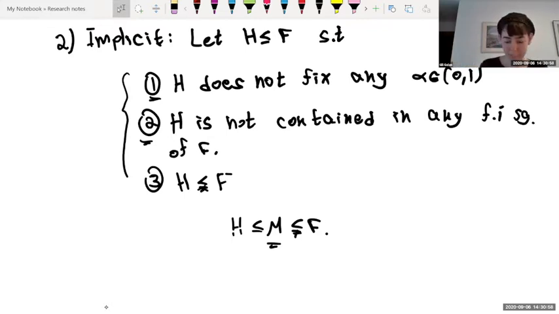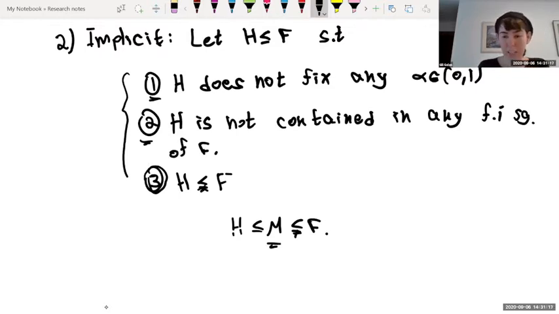Okay, so the only thing left to do to finish this implicit solution is just to find an example, right, of a subgroup H which satisfies these 3 properties. And here, the main difficulty was basically in making sure that the third condition is satisfied.